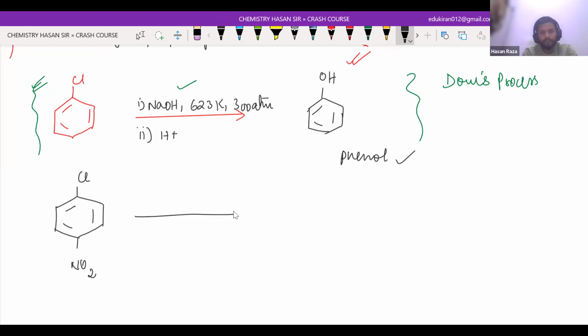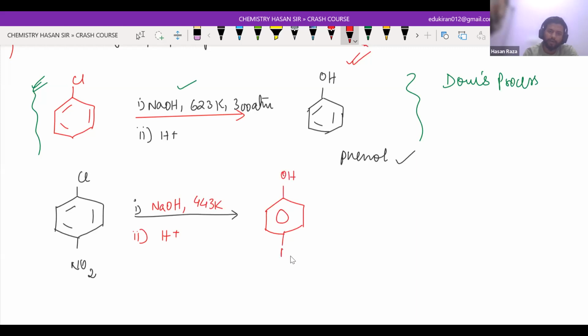So if its reactivity increases, its conditions become milder, and with substitution of one NO2, you can see the temperature decreases to 443 Kelvin, followed by H plus, and you will get the nitrophenol.